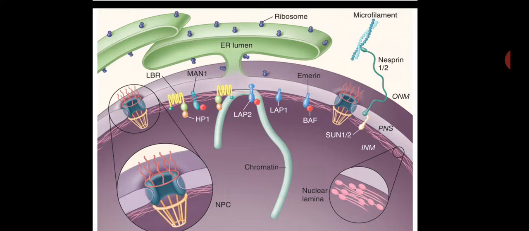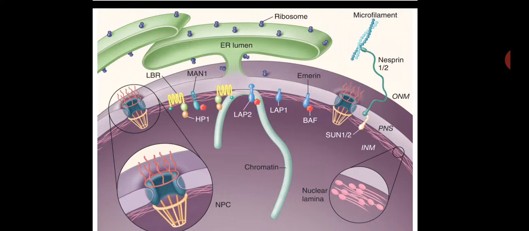In between the outer and inner membranes there is a space filled with fluid and water. This space is called the perinuclear space, and its width is 100 to 400 angstroms.